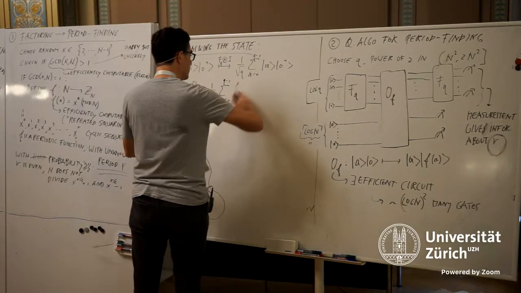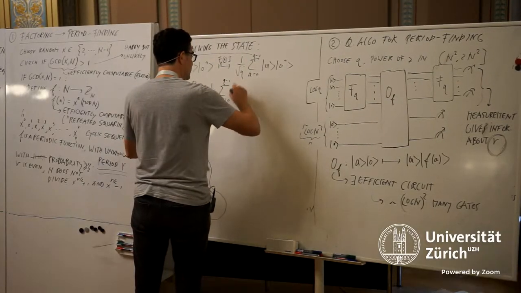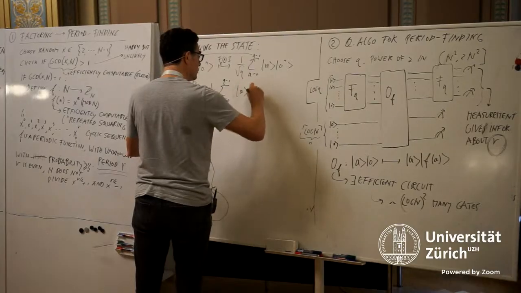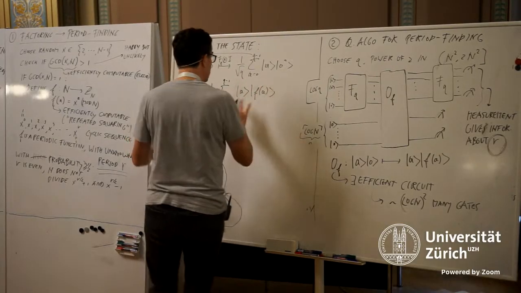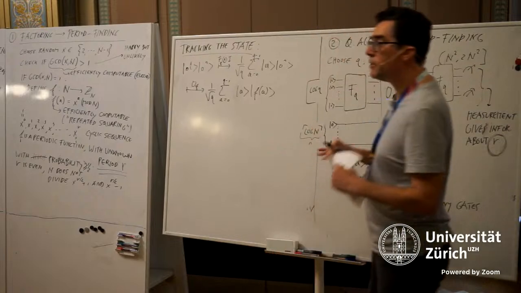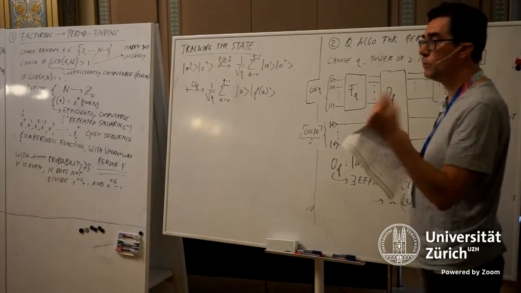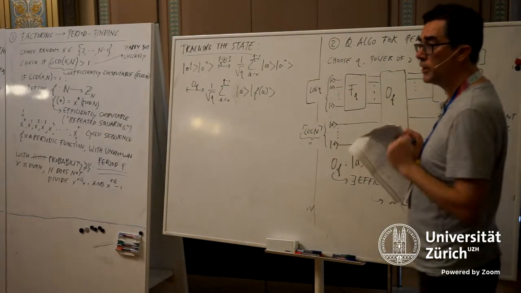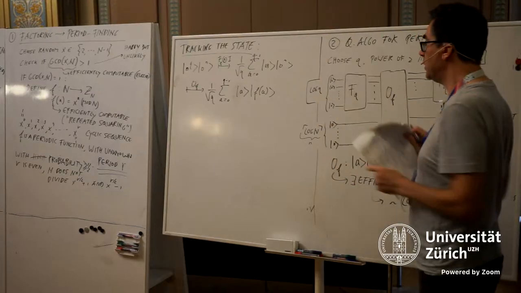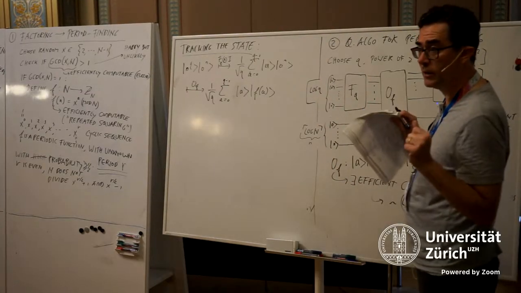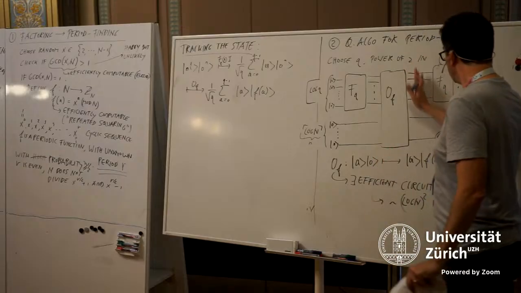So in my big superposition, I have now computed f on very many different inputs, 0, 1, 2, 3, 4, 5, etc., up to q minus 1. All of these function values live in the second register in some way.